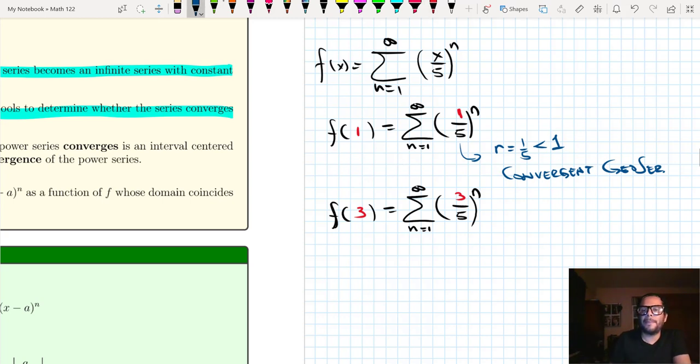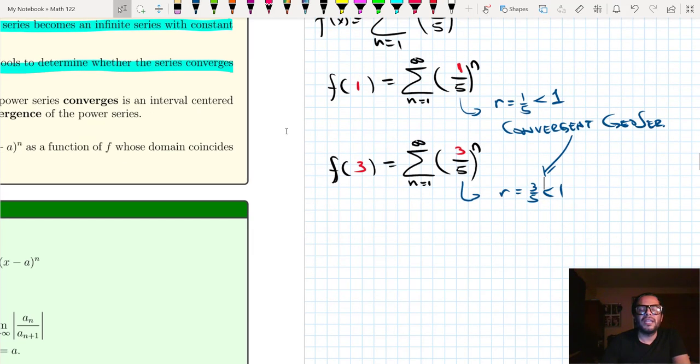Let's find out. Again, this is a geometric series with r equals 3/5, which is less than 1, and again this is a convergent series. Now, I cannot just plug in all the numbers to exhaust and find out which numbers are okay for this series.